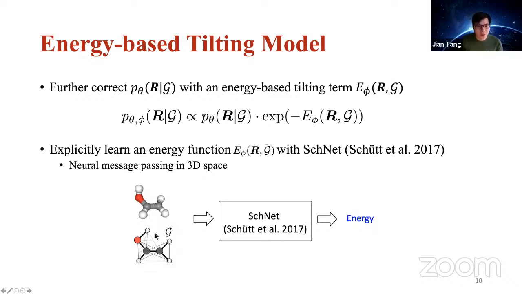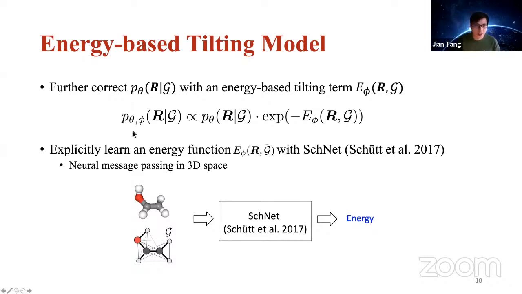Given the molecular graph G and the current conformation, we use a neural network to estimate the energy. Specifically we use SchNet. SchNet is a neural message passing function in 3D space. Given the 3D conformation of the molecule, we can do message passing among the atoms, and then eventually pool the information from all the nodes to get a scalar value, which corresponds to the energy of the conformation.